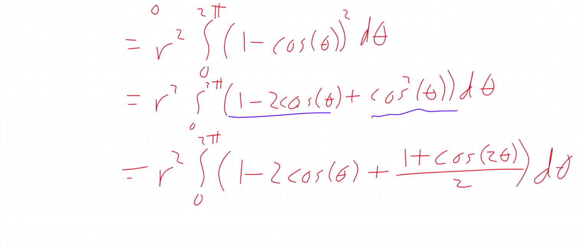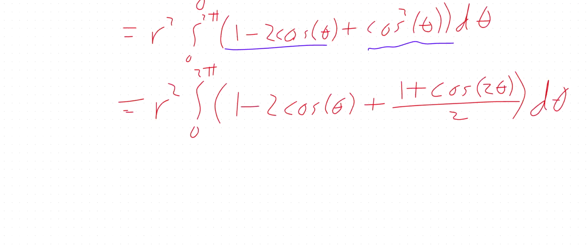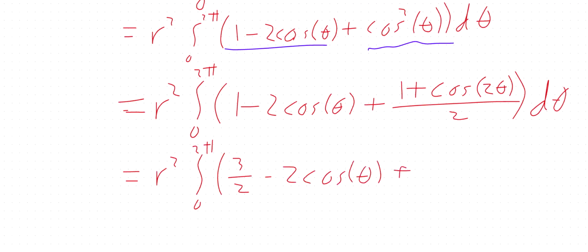So splitting that up into two fractions, minus 2 cosine of theta plus cosine of 2 theta over 2.